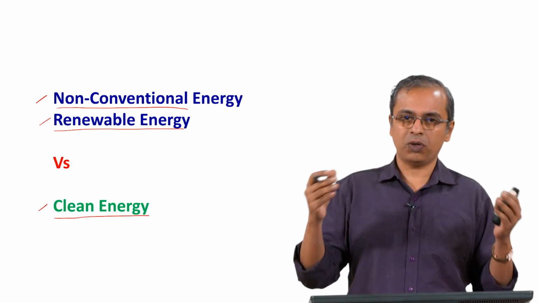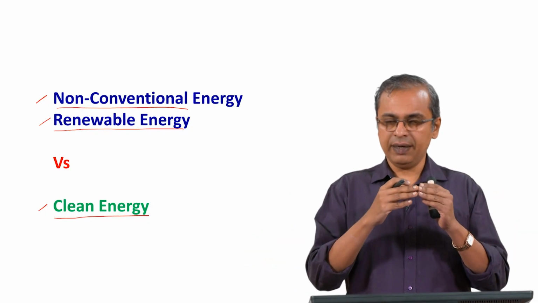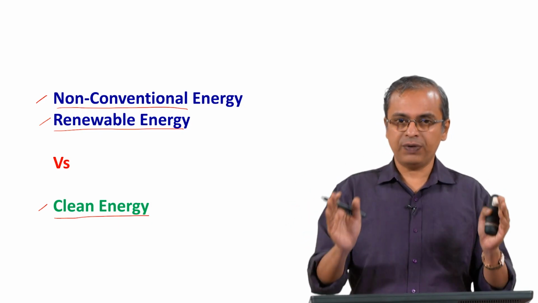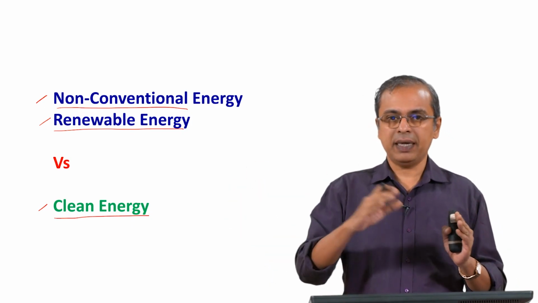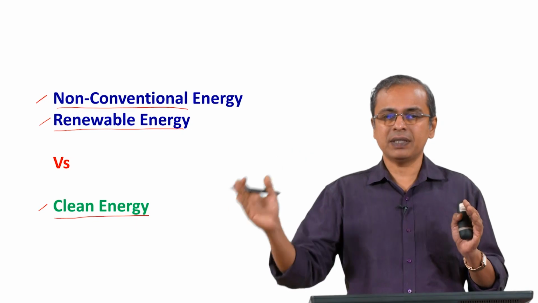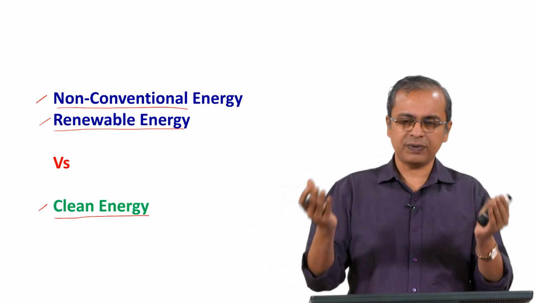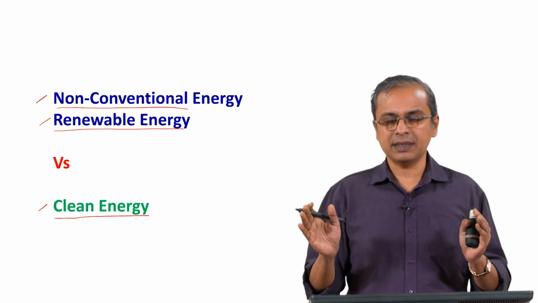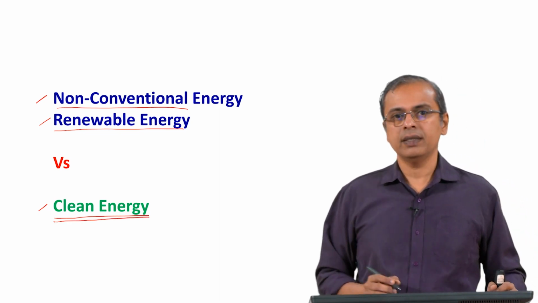We are not causing a spill, not releasing noxious gases into the atmosphere, not changing the composition of the atmosphere. It stays benign with respect to the environment, or only releases things that are already there in the same composition. If you maintain all these things, then you can call that energy clean energy.